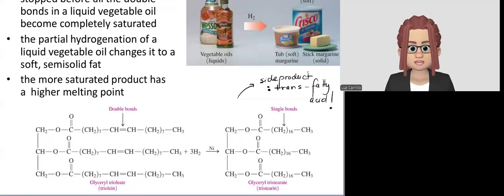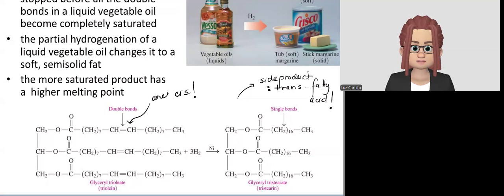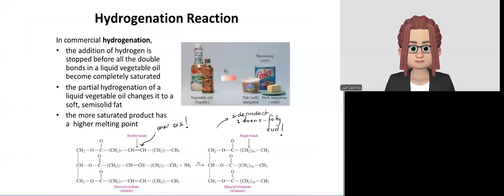And that comes from the idea that most unsaturated fatty acids are cis, because that's how naturally occurring fatty acids are present in nature. One of the things that happens during this reaction is that instead of cis, the catalysis of the reaction turns the product from cis to trans. That's why you may observe that when products like margarine are available commercially, the label says no trans fat, because that side product has been removed.